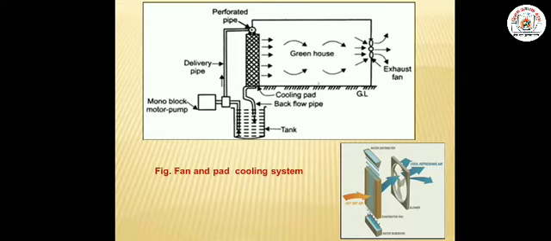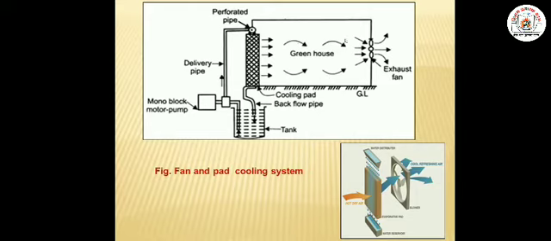Inside the greenhouse structure, there is an increased temperature. So in that high temperature region, when those fine particles of water or moisture come, they get evaporated quickly inside the greenhouse structure. So due to the quick evaporation, there is a sudden fall in the temperature. This is the evaporative cooling phenomenon in science.